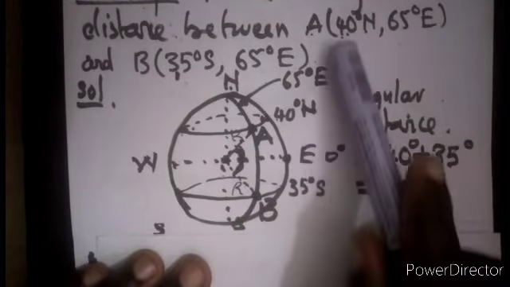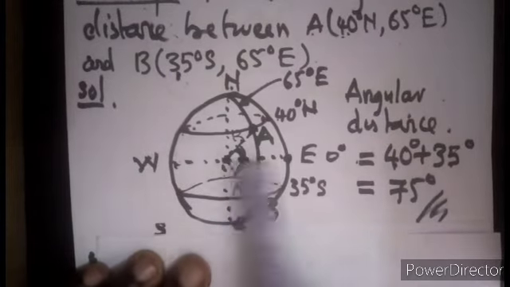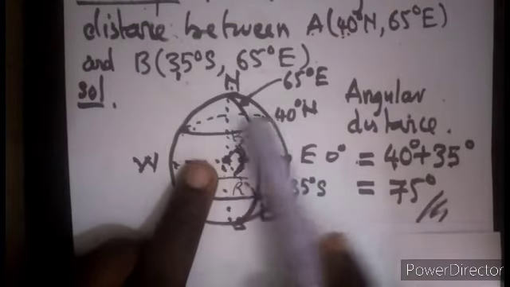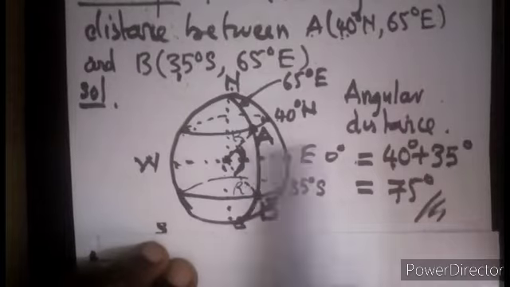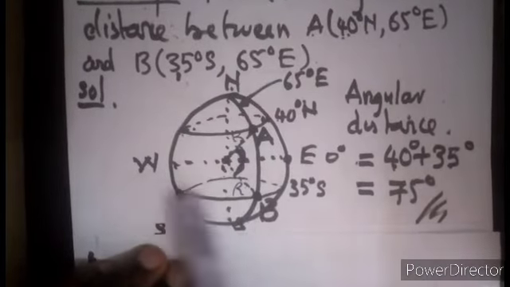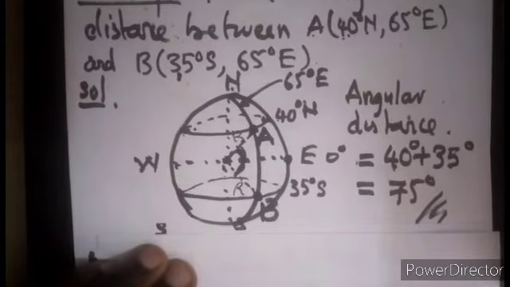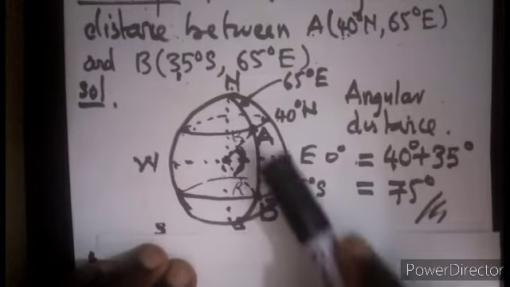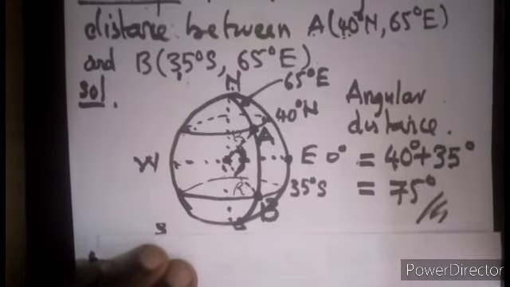Now the first latitude is 40 degrees north, and the other one is what? 35 degrees south. These two points where they intersect are A and B respectively, and the angular distance between A and B is therefore simply the sum of the angles of the latitude, 40 degrees and 35 degrees, which is what? 75 degrees.